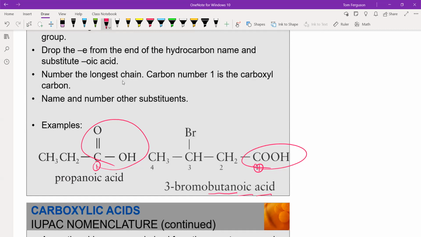So butanoic acid, branching on carbon number 3, so 3-bromo-butanoic acid. And we write it in our class like this. You'll see it both with a dash for the branching and then also no dash. I like to separate them out so it's real obvious. This is a branch, backbone, functional group.